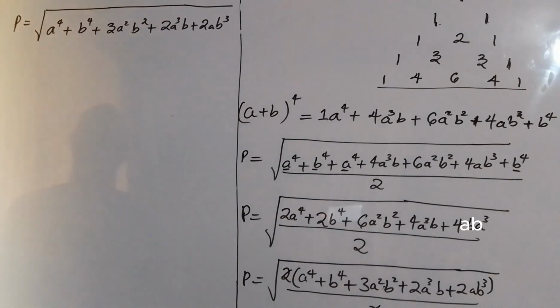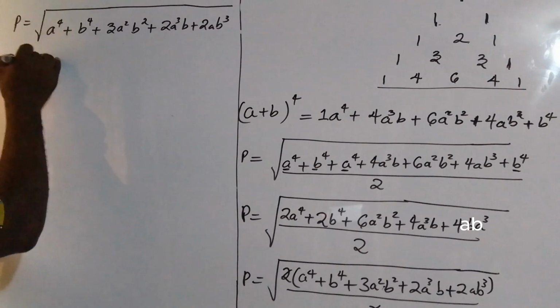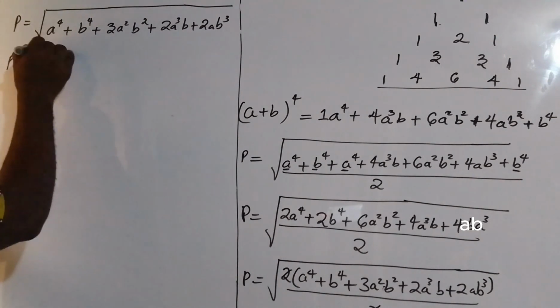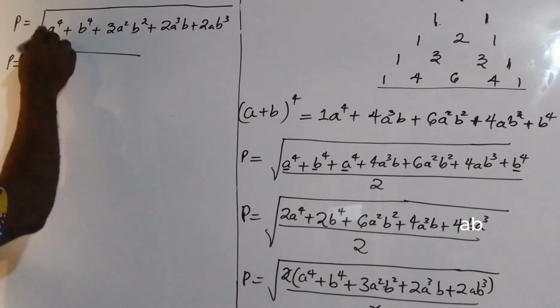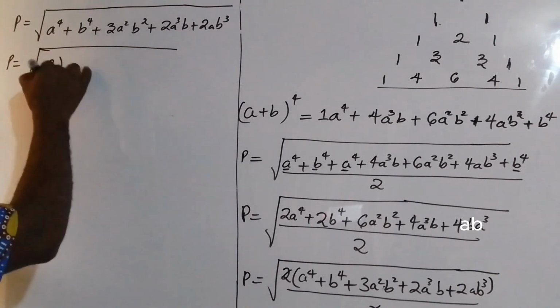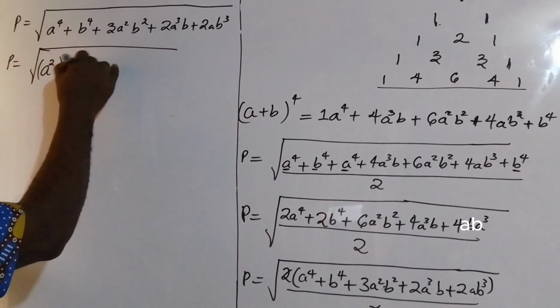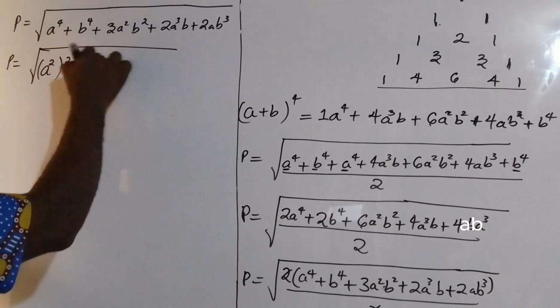All right. So what I'm going to do now is to first rewrite a to the power of 4 as a squared all to the power of 2. Then the same thing with b to the power of 4, that will be b squared to the power of 2.